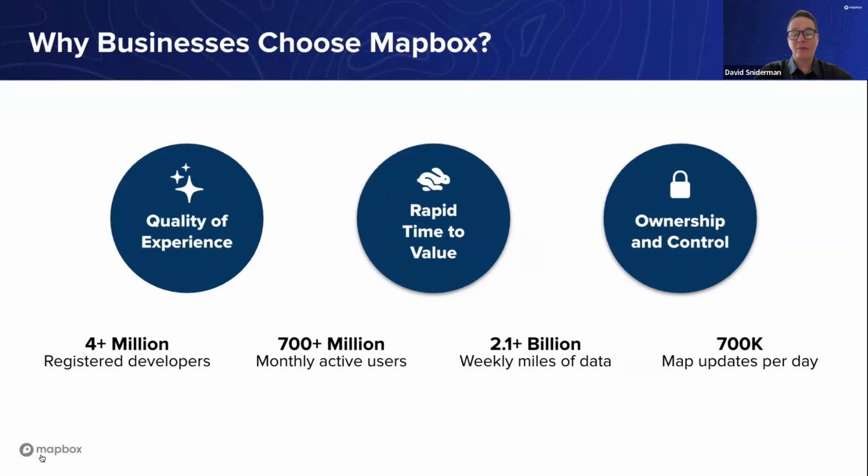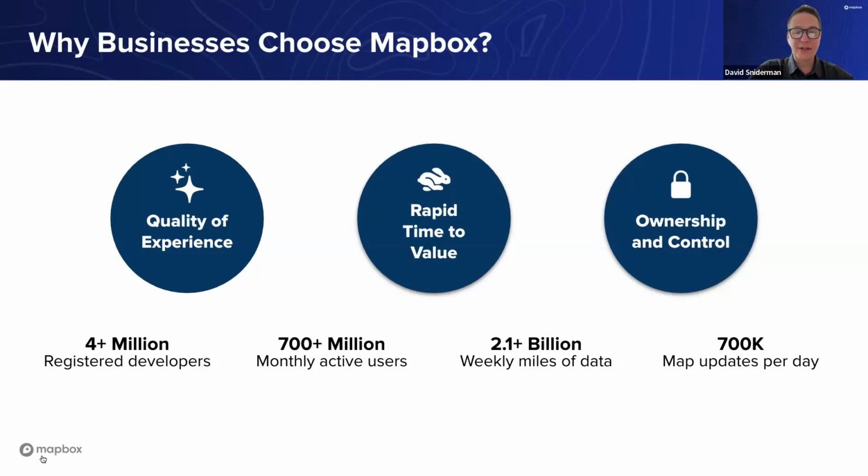But we find that for many, many customers, just the way the maps look and react and the efficiency, how they render and the speed is really important to them. It means that the apps that they make or the experiences they create are fluid and fast, and users really like them, whether it's an end customer or an internal user on a business side. Either way, the quality of experience is important.